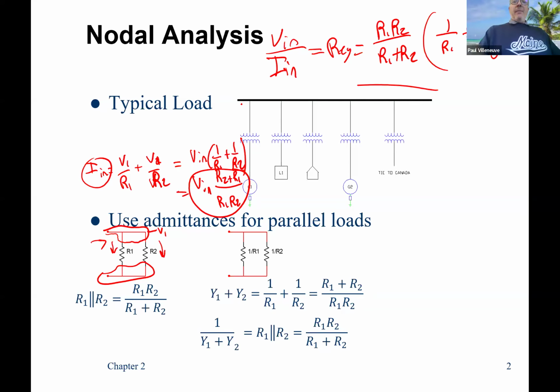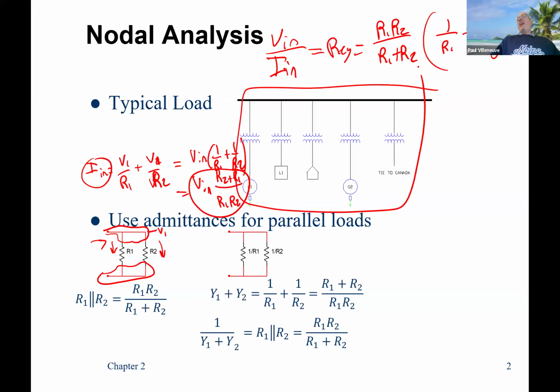But in this example over here, I have 5 loads. So I would have to do all the number of loads that I have and invert them, right? It gets to be a lot of work. So what I'd rather do is, if things are in parallel, use the concept of an admittance, which is just the inverse of impedance.